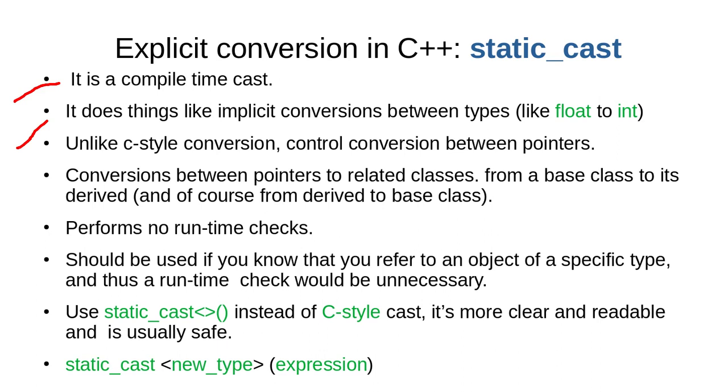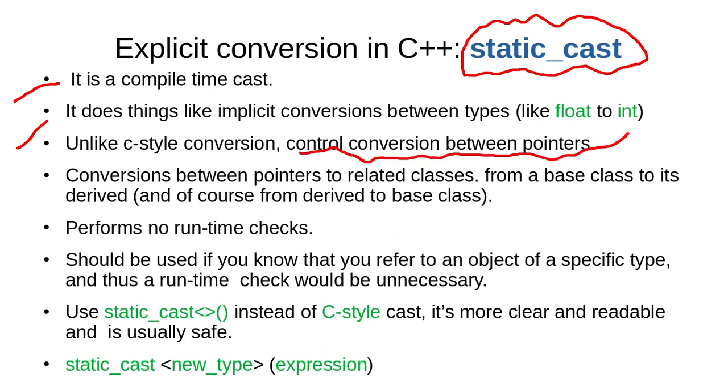We can use the static cast instead, and the static cast is better because it has controlled conversion between pointers. So if you try to cast a pointer to an object to another pointer type which is of a different type, static cast will give an error at compile time. This is why it's better than the C style conversion.